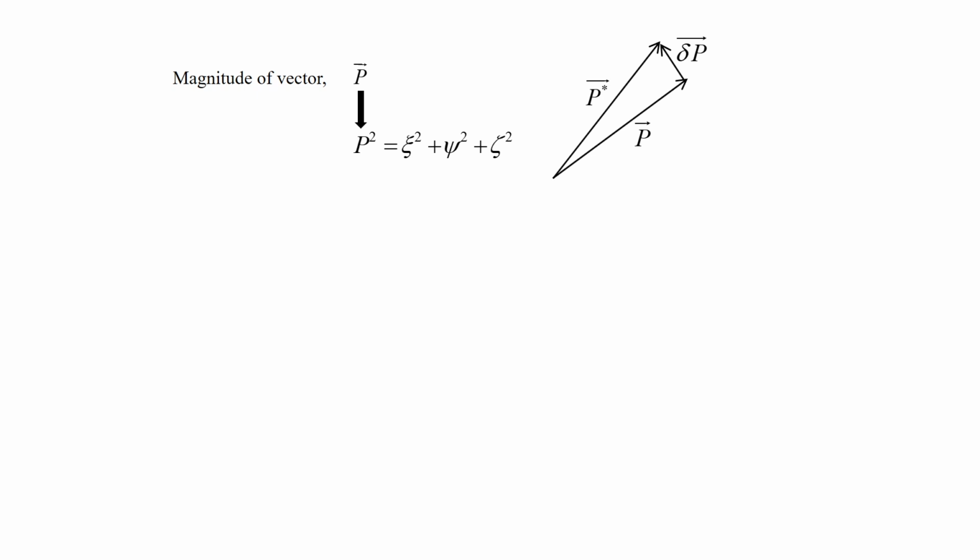The difference between these two vectors is the delta p vector, which is basically a small deformation. So, the infinitesimal transformation of this particular p vector can be represented by differentiating this p square, and so p delta p is equal to xi delta xi plus psi delta psi plus zeta delta zeta.